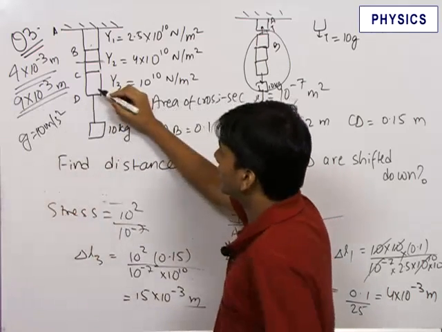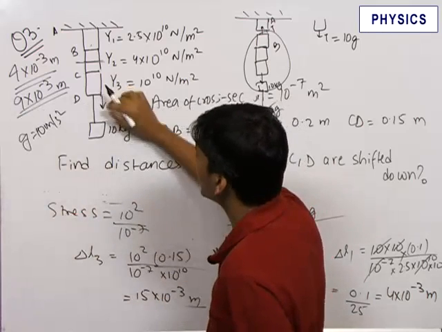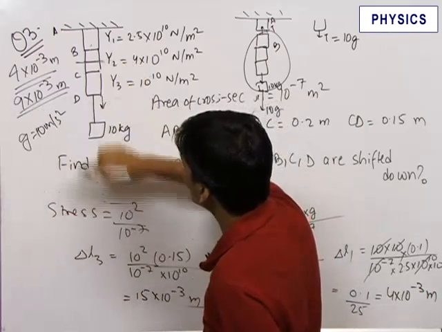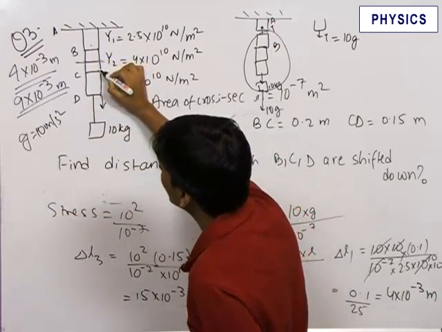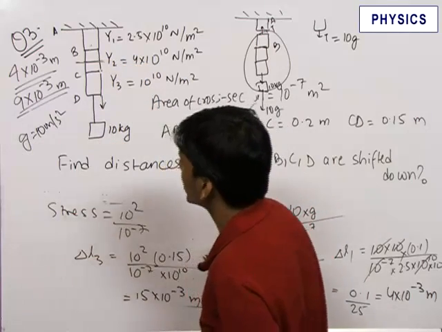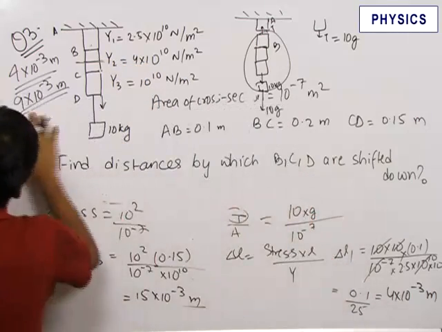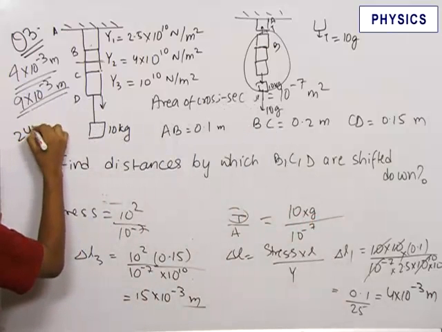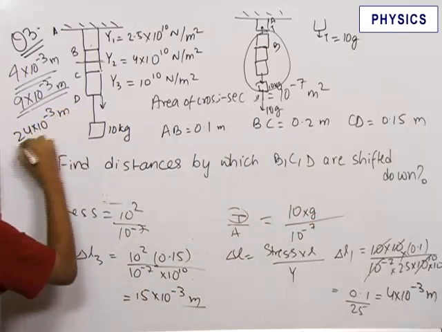Now, the distance by which point D will move down will be equal to the change in length of this block plus the distance by which block C has moved down, that is equal to 9 into 10 raised to minus 3 meters. Therefore, the answer for the third part comes equal to 15 plus 9, that is equal to 24 into 10 raised to minus 3 meters.